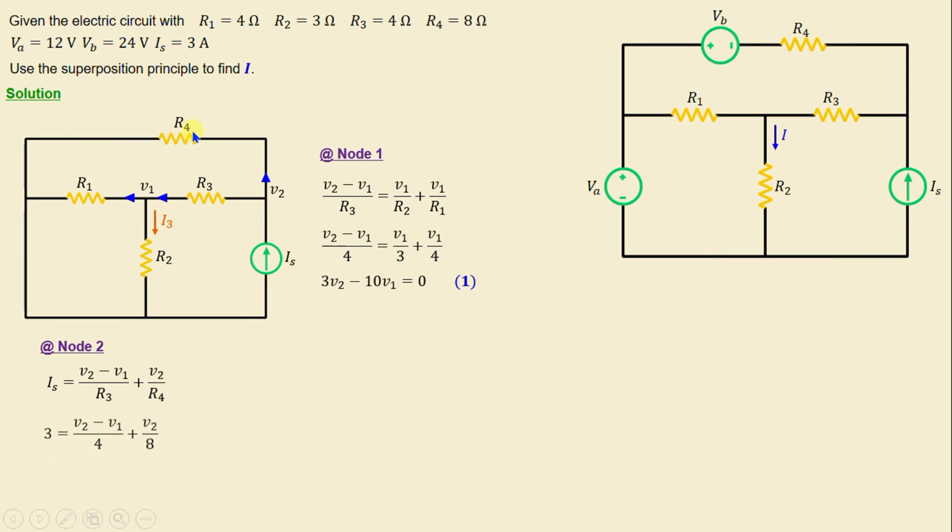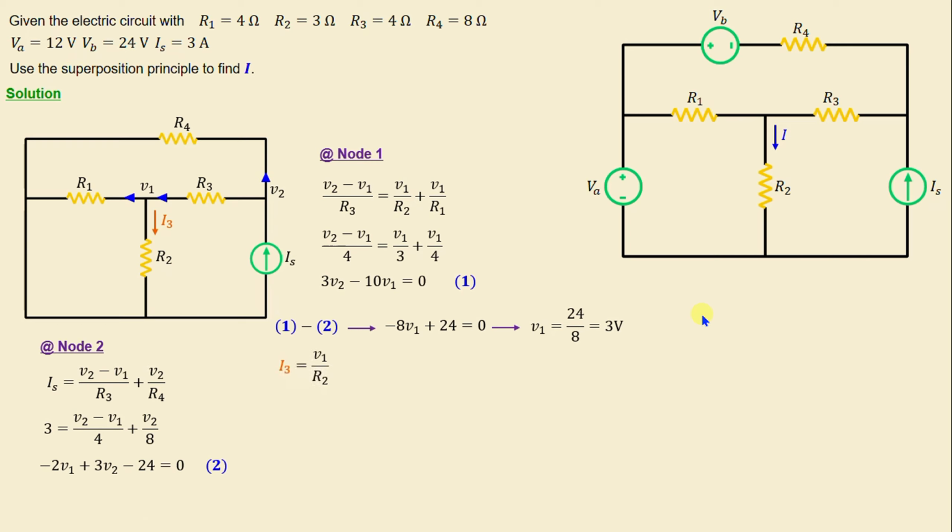And if we replace the resistors with their numerical values and we continue simplifying this equation, we obtain negative 2V1 plus 3V2 minus 24 is equal to 0. Now, by performing 1 minus 2, we derive one equation in terms of V1. Finally, we obtain V1 is equal to 24 over 8 is equal to 3 volts.